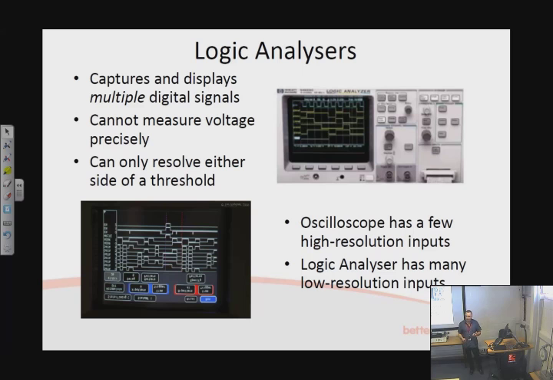There is a trade-off, because it doesn't measure voltage precisely. It can only distinguish a digital signal, in other words, above or below a particular threshold, which is often programmable. So in other words, all we need to know is whether it's high or low.